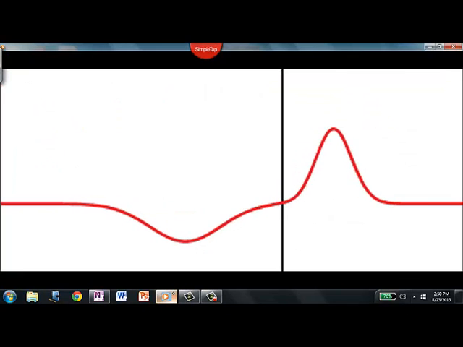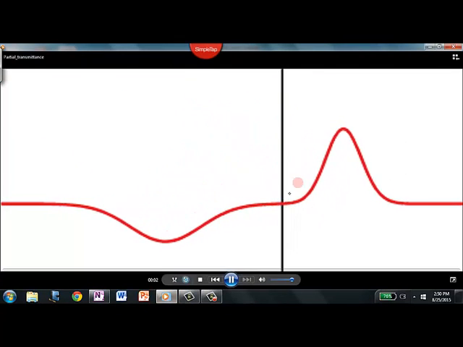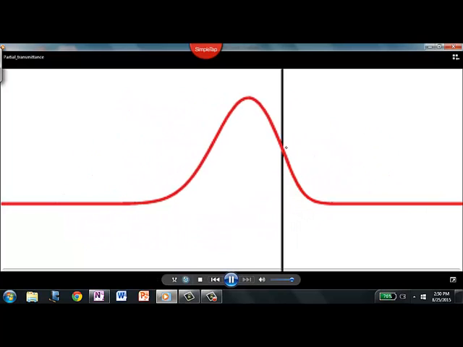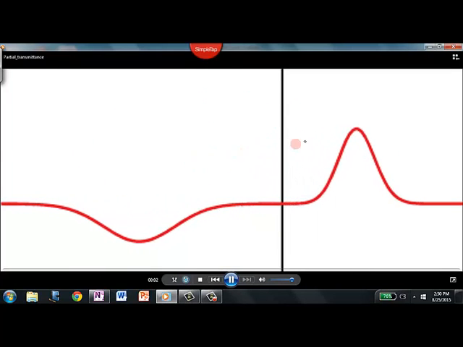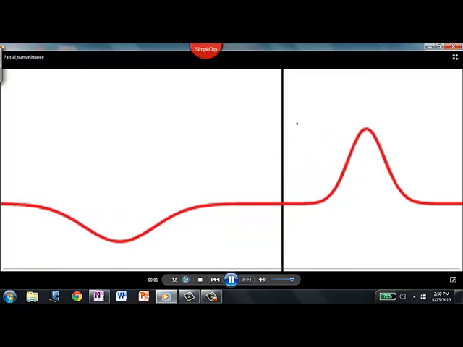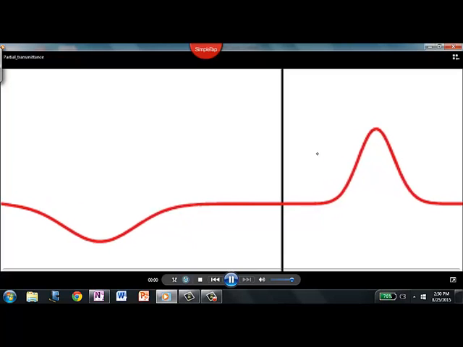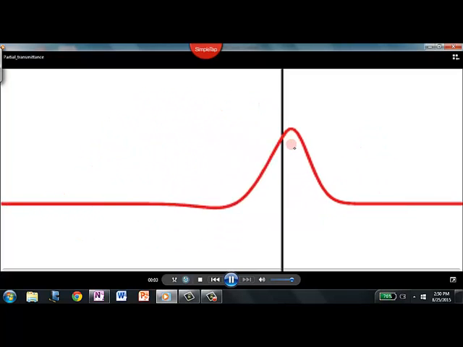So I've got a little video here. You see this incident wave. It hits this line, which represents the change of material. This could be from free space to glass. This could be from one wire into another wire, something like that. But what happens is you've got this amplitude.